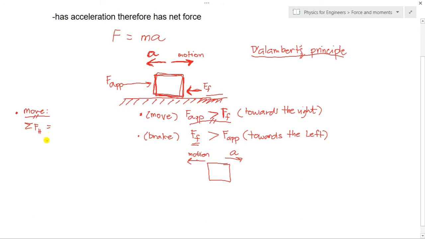So summation of forces horizontal is equal to mass, of course kay since we're dealing with force, and then acceleration. So acceleration here A. So this is positive. Why? Nag-move man ta. So positive atong acceleration if the object moves. Okay ha?